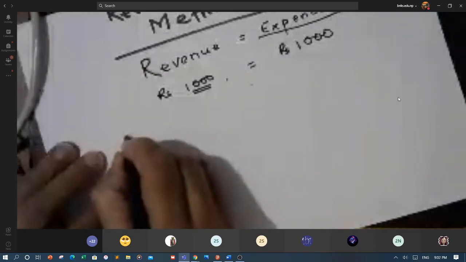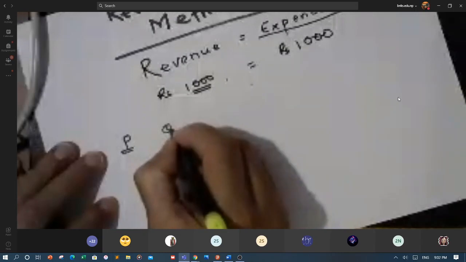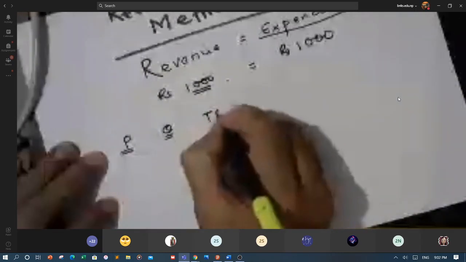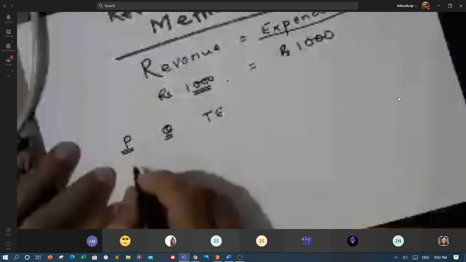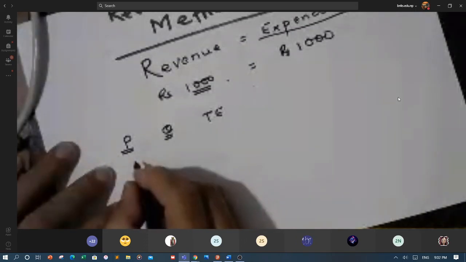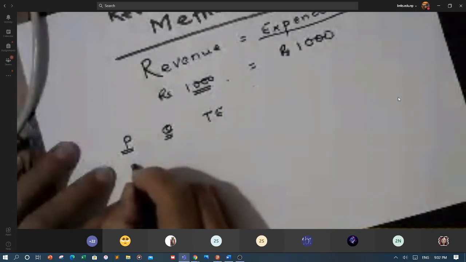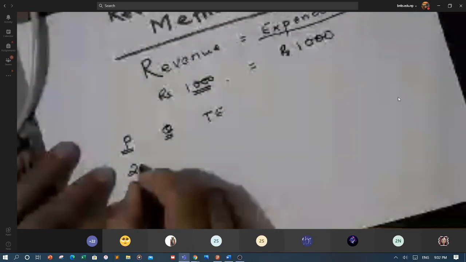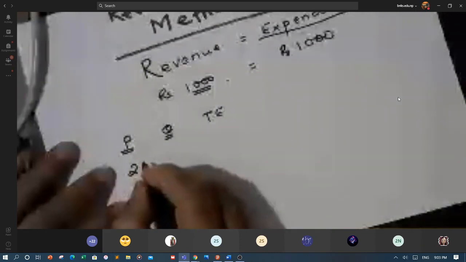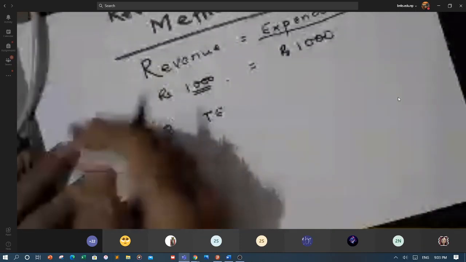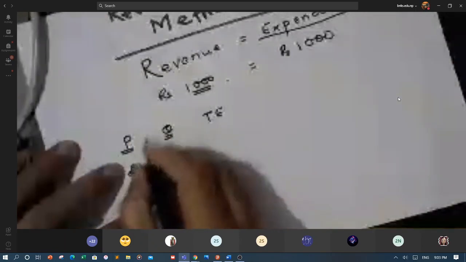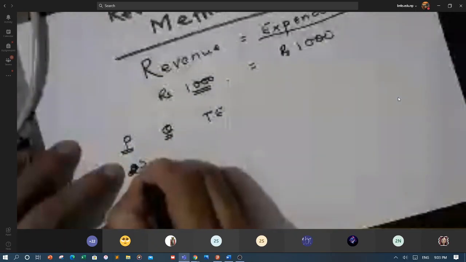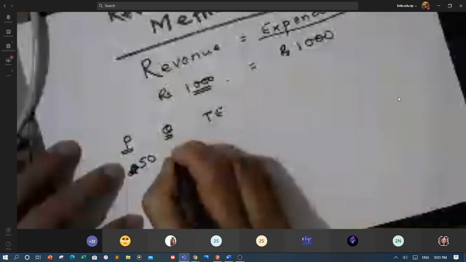Now, let's check price, quantity demanded, total expenditure. Let me take one value.